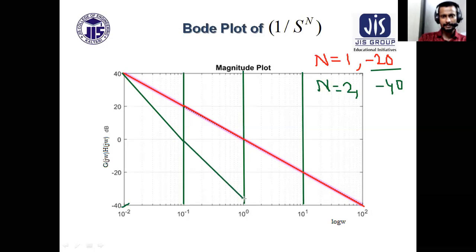In the next decade it will reduce by another 40, 0 to minus 40. Okay. For n equals 3, it will reduce by 60 in one decade. So this slope depends on the type of the system, the value of n.